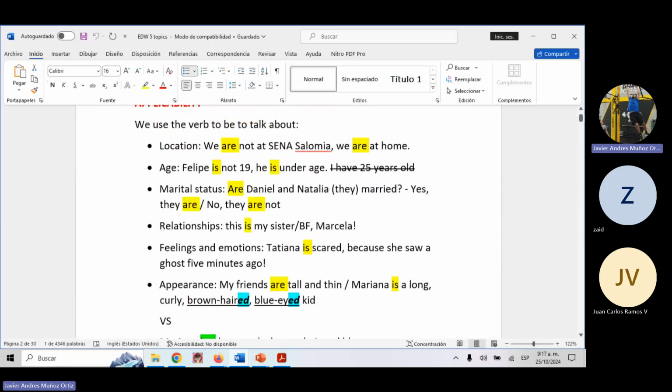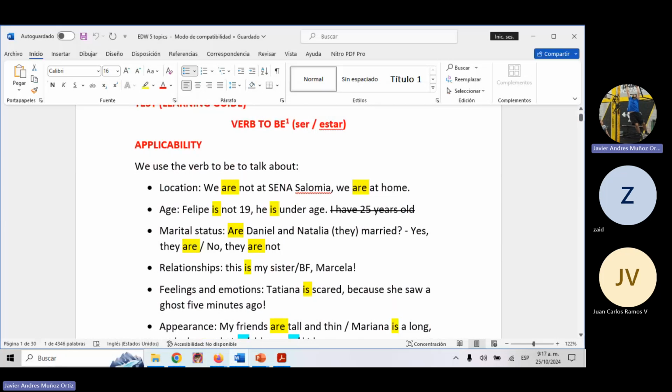But there is an asterisk here, an addendum, an exception. Because in Spanish, to talk about age, we say, yo tengo 17 años, right? But in English, that's not correct. Because in English, we use the verb to be to talk about age. So we are 17, 20, 15 years old, 50, 80, 71, whatever.